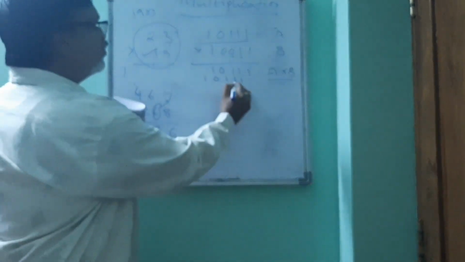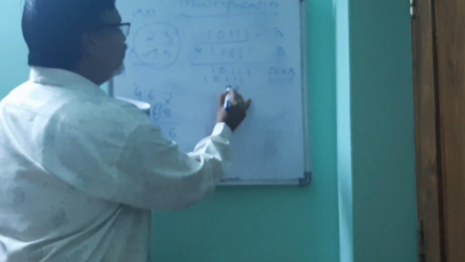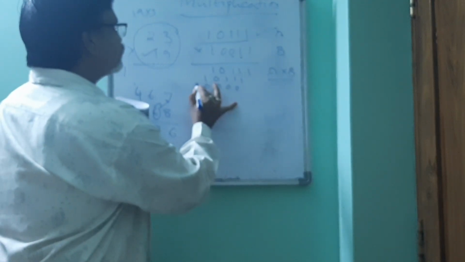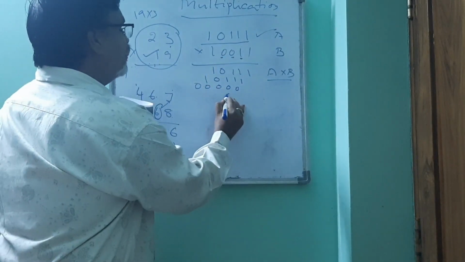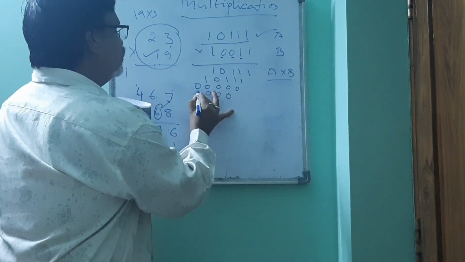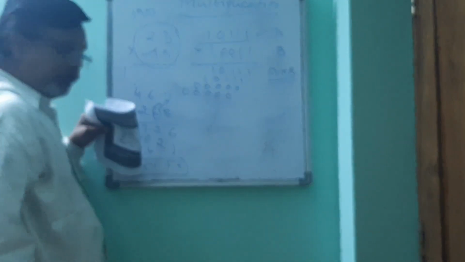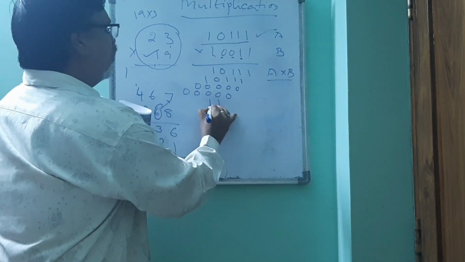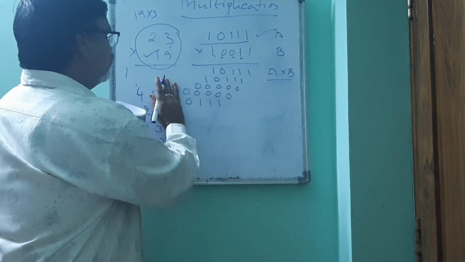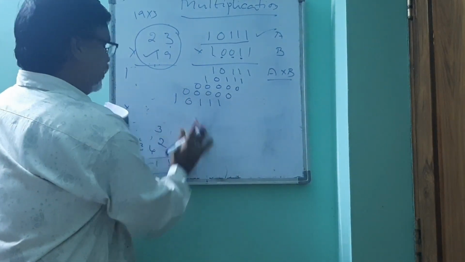Again here you got 0, so all zeros you write here by leaving one more position. Next also you got 0, so 00000. And then again you got 1, so 10111.